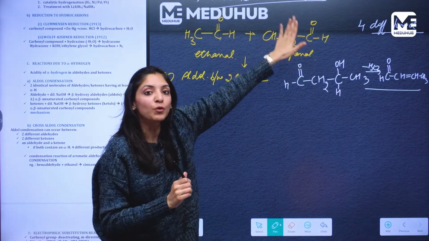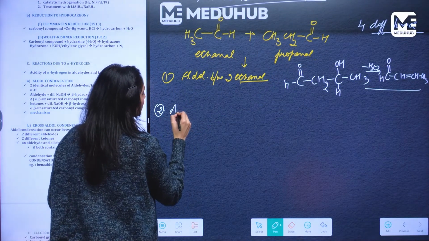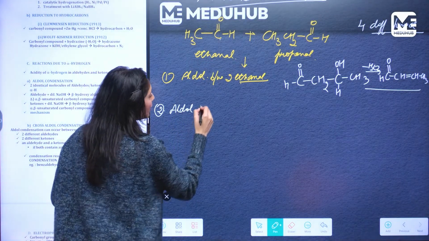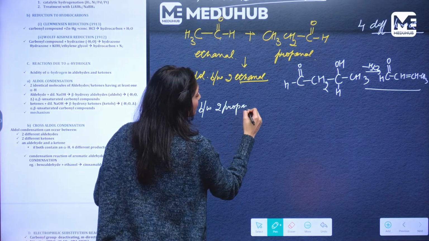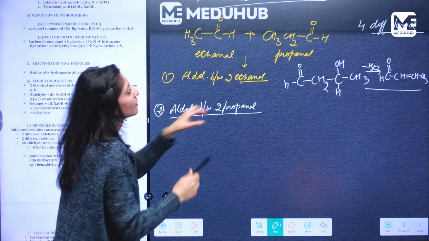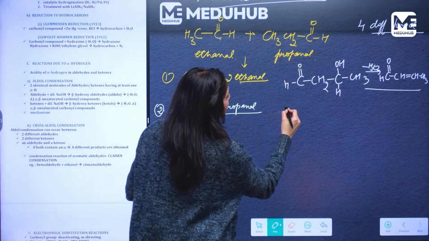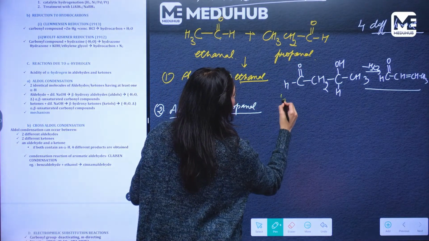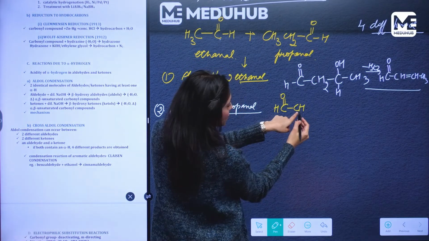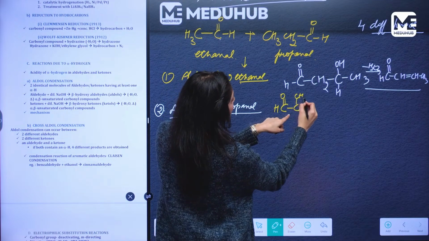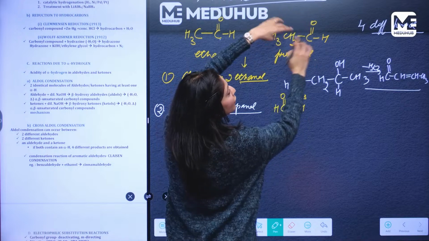Now two molecules of propanal can also have a simple aldol product. Second would be the aldol product of two molecules of propanal. One molecule of propanal will lose an alpha hydrogen. So we will have, this is the carbonyl carbon. This will lose an alpha hydrogen, CH3 is attached here. This will attack the carbonyl carbon of another molecule of propanal here.